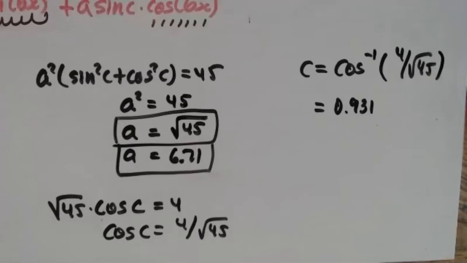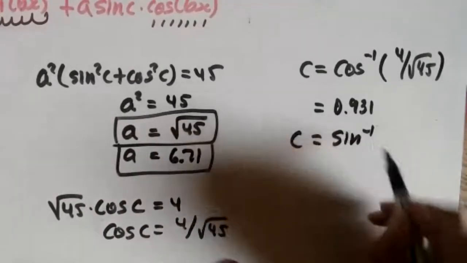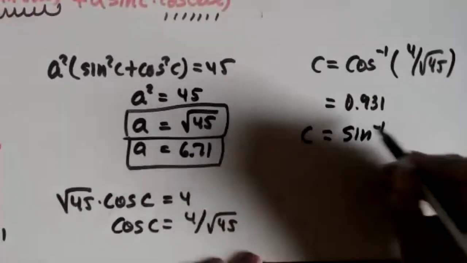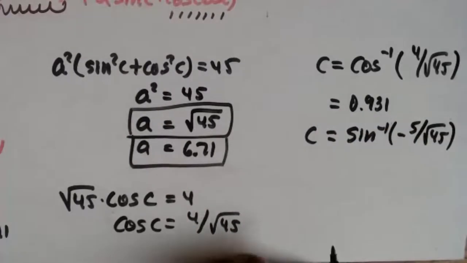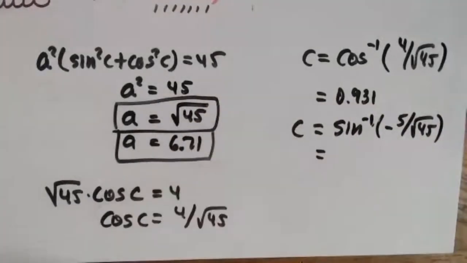Now, here is a point that is going to give me some answers. I can also do c equals sine -1, so I can use this equation, and then I can have -5 over the square root of 41, right? So this is sine -1. And I'm going to use the calculator again.